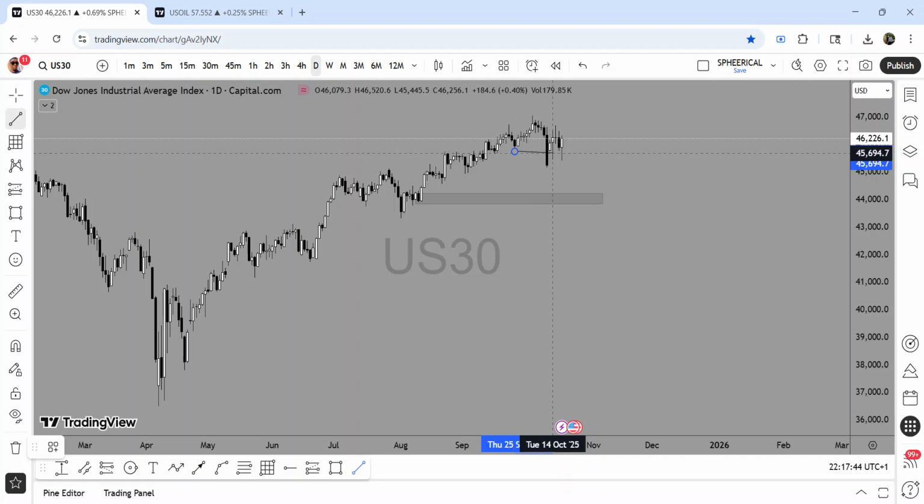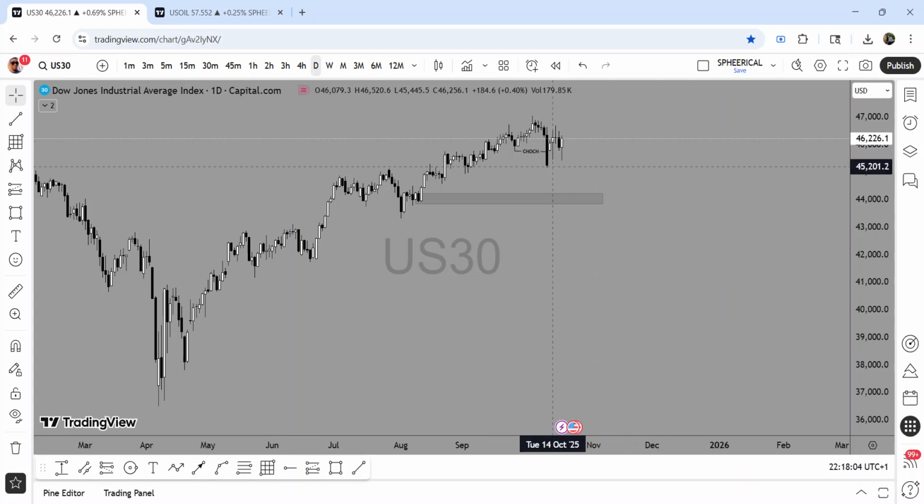So here too, we have a change of character in the 1 day time frame. You can see that this is a pure change of character in the 1 day time frame, which is signifying that this market is going to sell down to this demand zone. So let's just label it change of character.